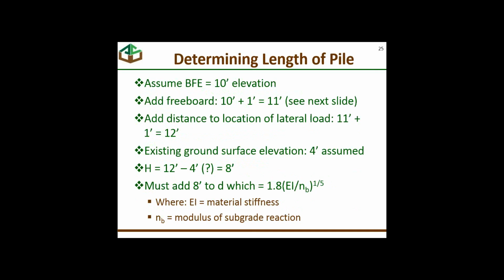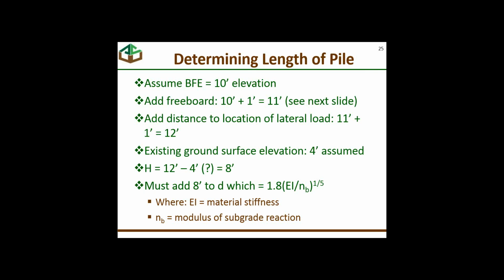So now let's look at how long the pile has to be. Most of these, as you can tell, are assumptions because we're just making up something here so we have some numbers to work with. If we assume that our base flood elevation is 10 feet, and we have a requirement in the community to add 1 foot of freeboard, then our elevation is 11 feet.